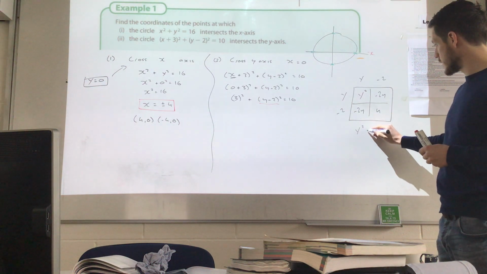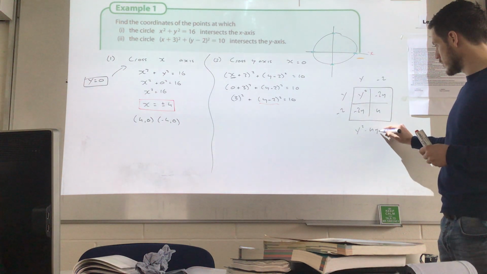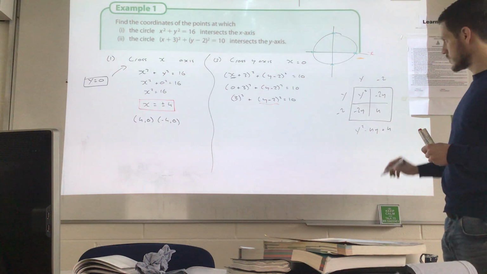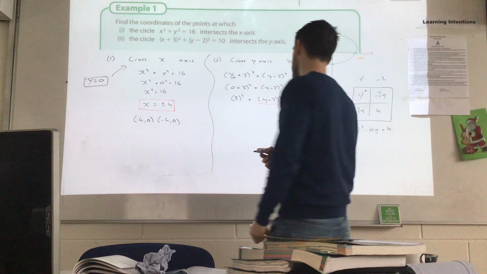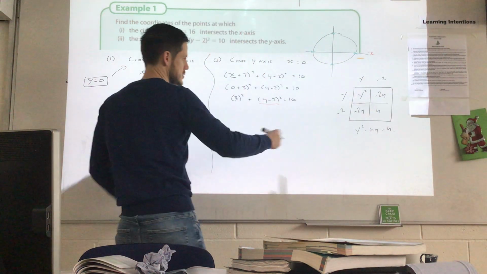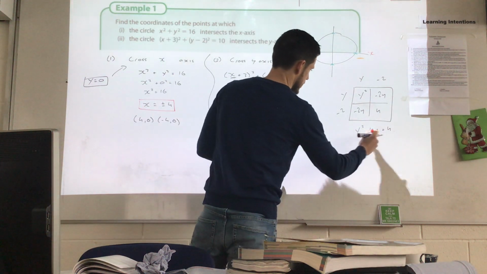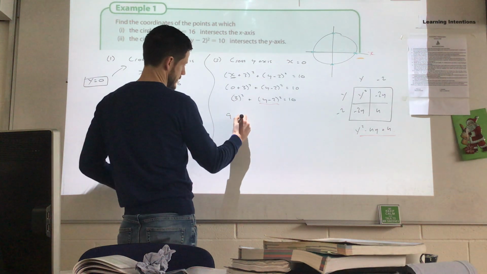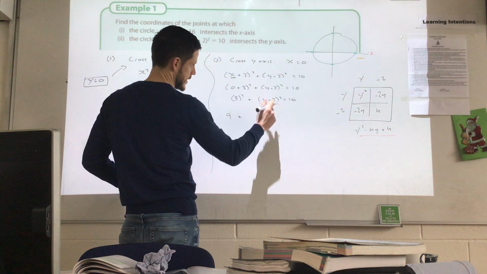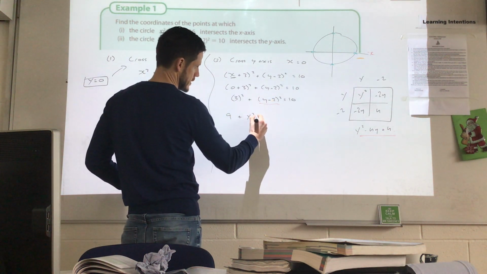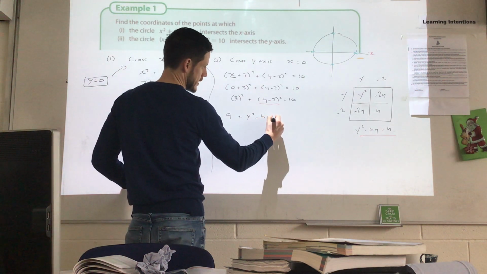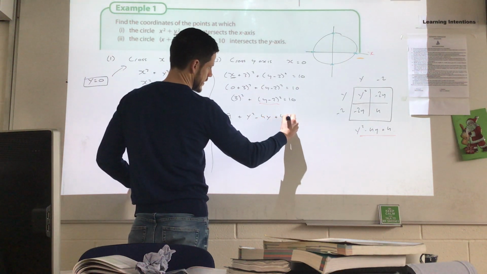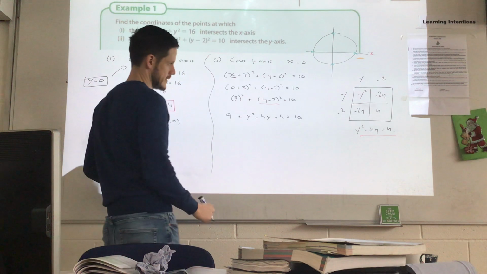And I get y squared minus 4y plus 4. So I'm going to sub that in for this. So I'm left with 3 squared, which is 9, plus, instead of this, y squared minus 4y plus 4 is all equal to 10.